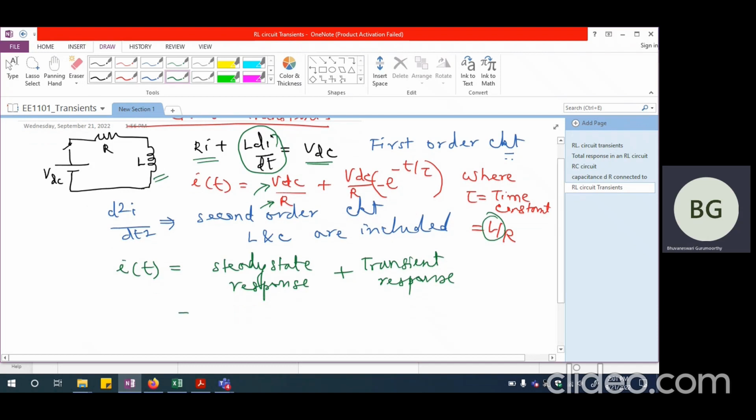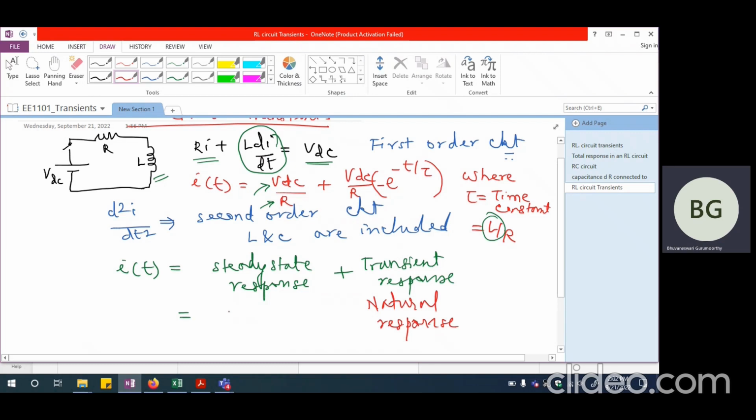We generally call the transient response the natural response of the circuit, because this mainly depends upon the circuit parameters and also the initial condition.